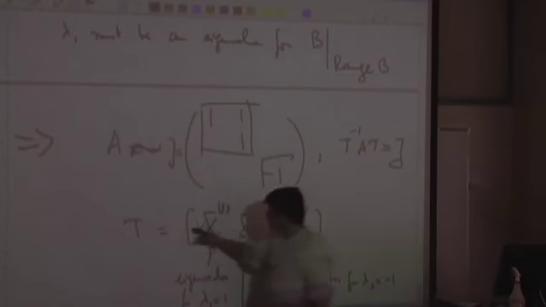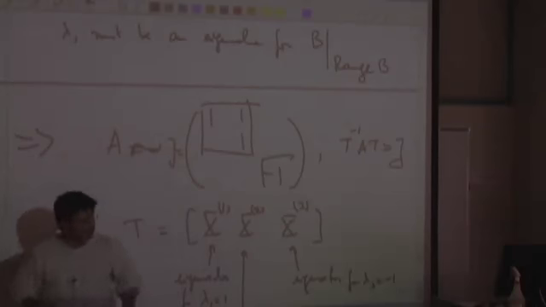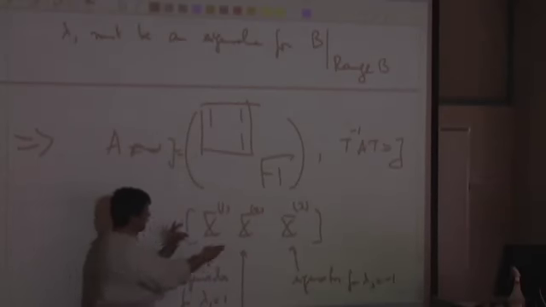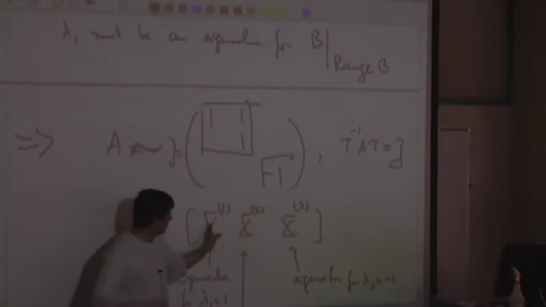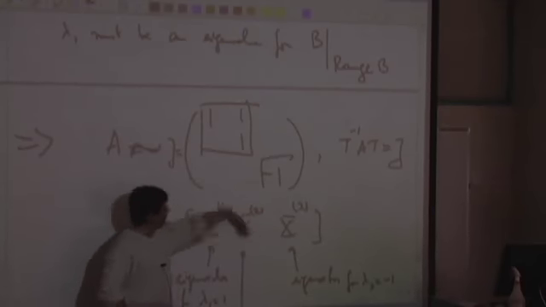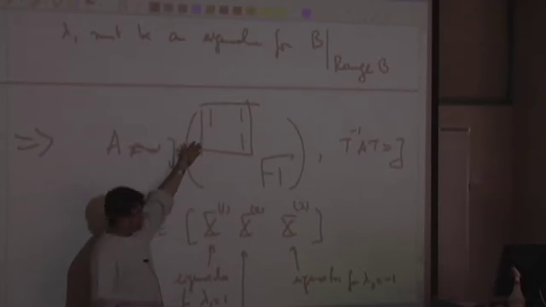Yeah? Do they need to be in that order? Yeah, that's a great question. So they don't have to be in this order. The order in which you write the vectors will certainly influence that thing here, but it's not unique.